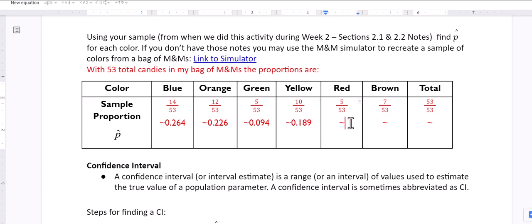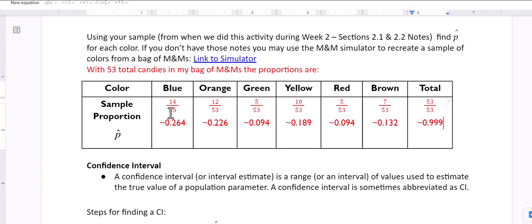So 5 out of 53, I got 0.094 again, and then 7 out of 53, 0.132. Now these should be really close to 1. Here, again, we are approximating, right? I'm taking it to 3 decimal places, so my approximation will be off. When I added all of these up, I got 0.999. So it should be 1 or very, very close to 1 because of rounding, we're a little bit off here.